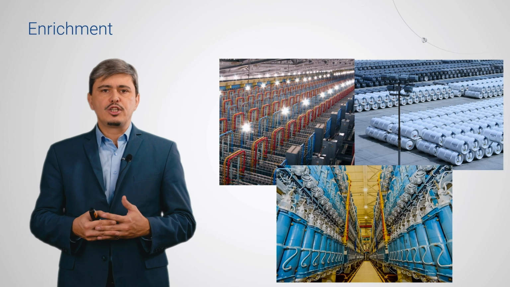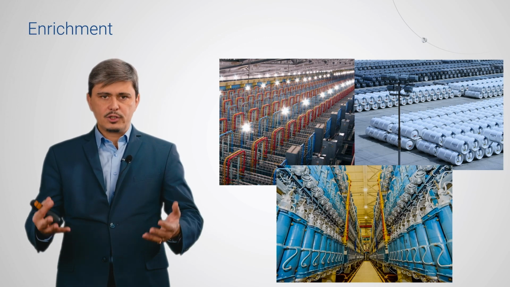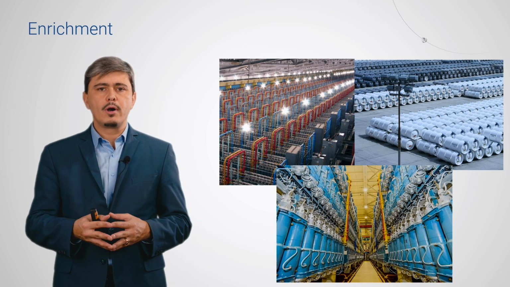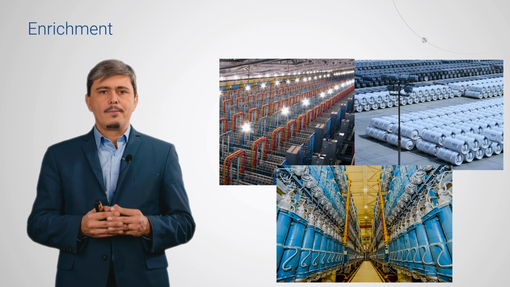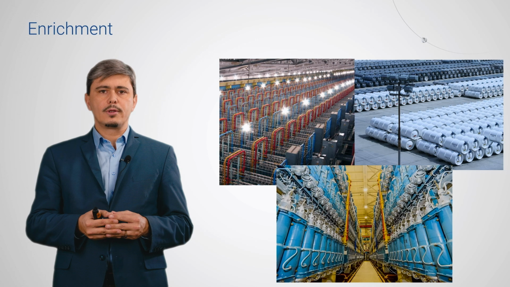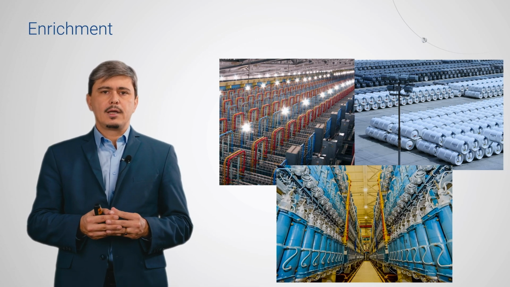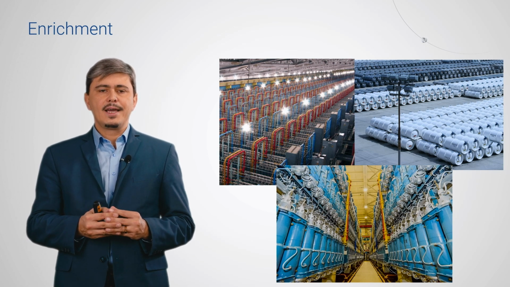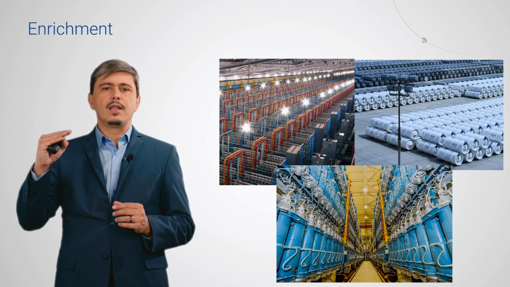So, if we just find uranium, extract the ore, then extract uranium from the ore, it will not be enough to start a nuclear reactor, especially if you'd like to use usual water as coolant. So, for physical reasons, we should increase the share of uranium-235 inside this fuel up to some level.